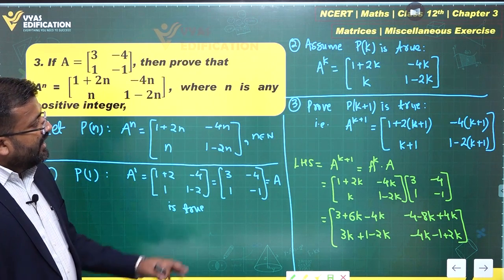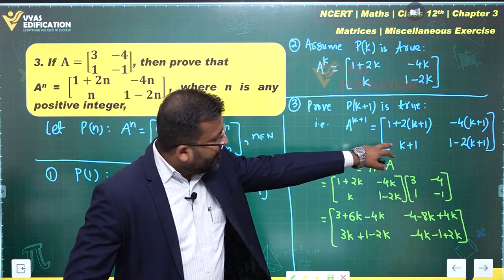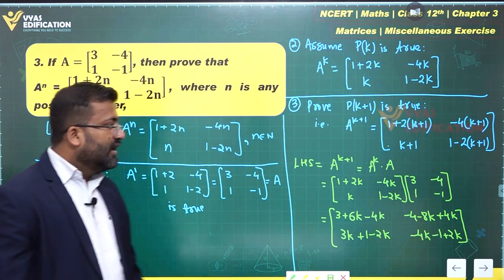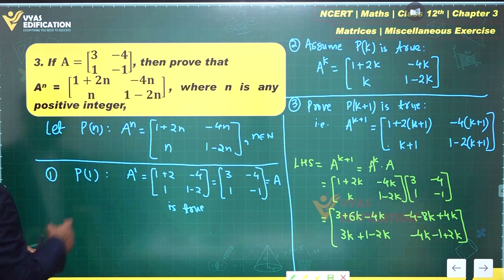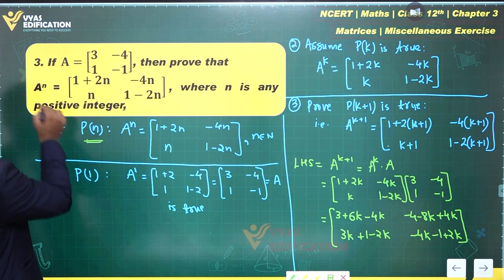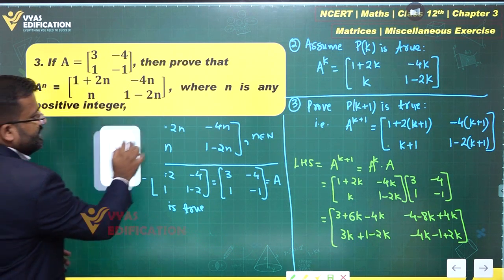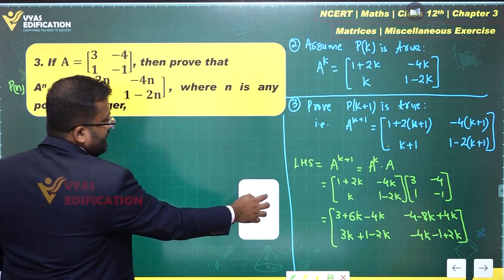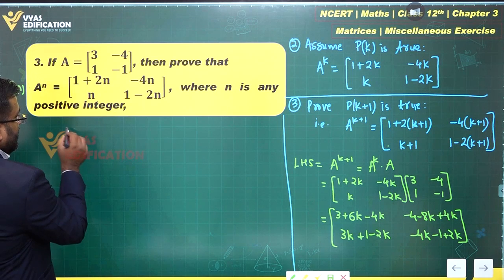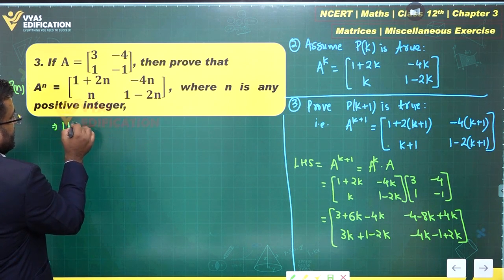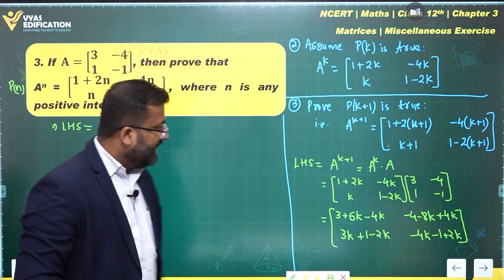What next? We have to prove that this is equal to that matrix over there, so we have to write it in this form if possible. Let's simplify this further, and since we need more space, can we get rid of this? Yes. This statement is Pn, so let's name Pn over here, and let's get rid of this. Continuing further, the LHS is further equal to: this is 3 plus 2k on simplification.